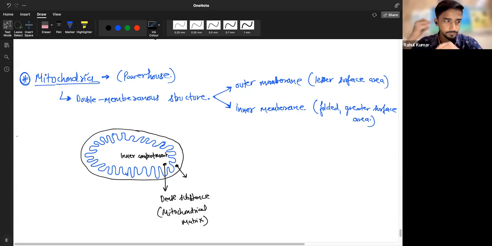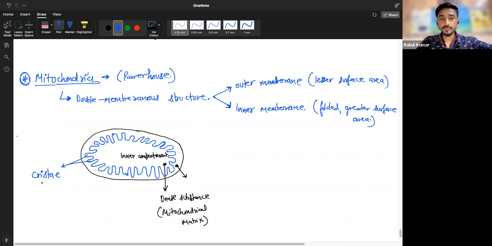Is it clear? And these foldings which you see here in this inner membrane, these foldings have a name. They are called cristae. Do not get confused between cisternae, which were the folds of the Golgi, and cristae.